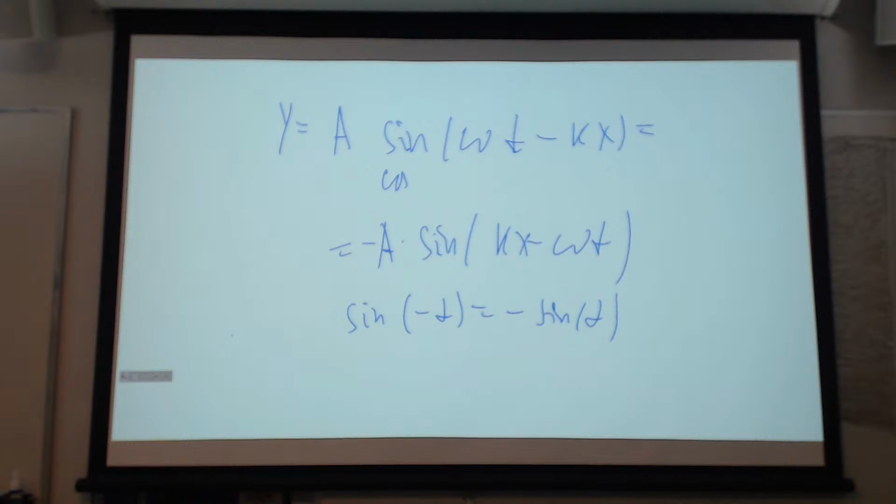Okay. So my question following that is, we used a sine of kx minus omega t without the negative in front of the A when we derived the equation for a standing wave.